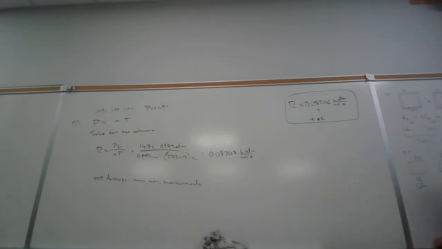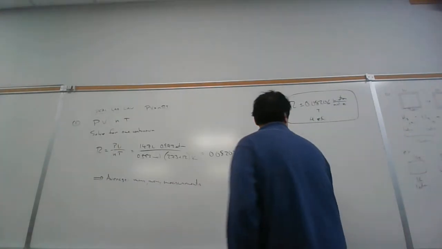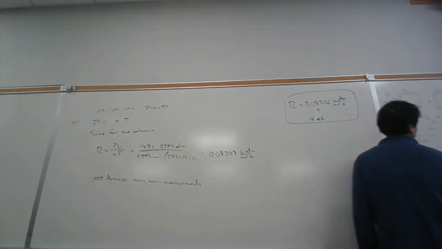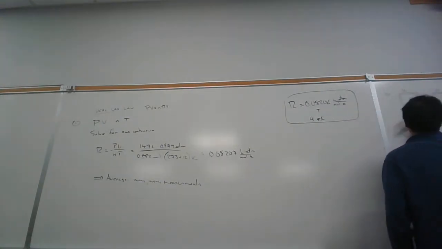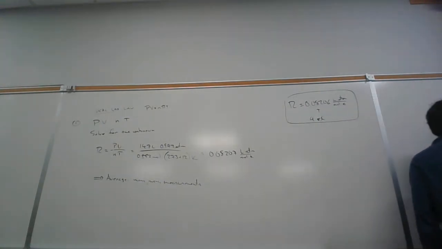And so we're going to have too many different R values. The easiest way to remember this is to use only one R value and then convert everything as required, rather than have multiple R values.